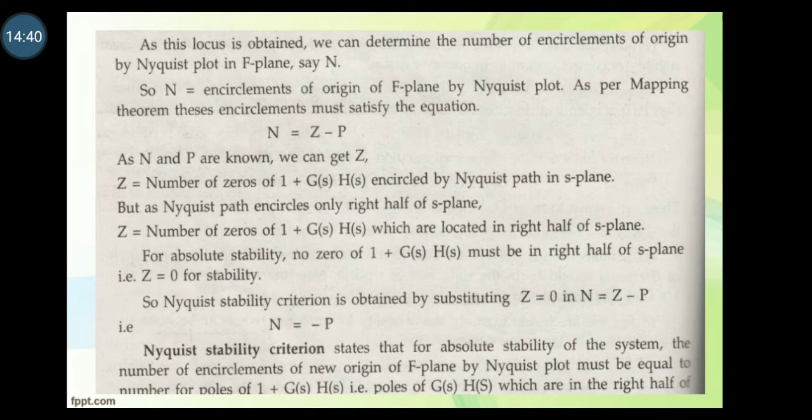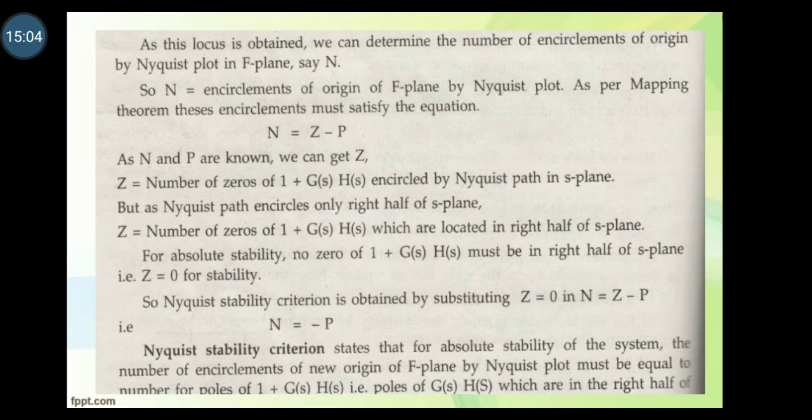For absolute stability, no zero of 1 plus G(s)H(s) must be in the right half of the s plane, that is, Z equals 0 for stability. So is it clear?